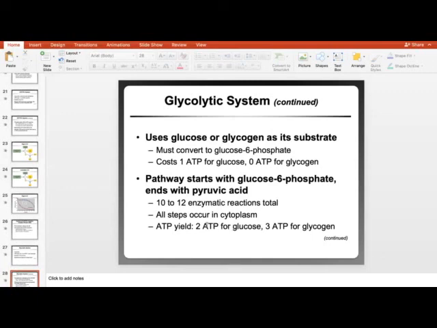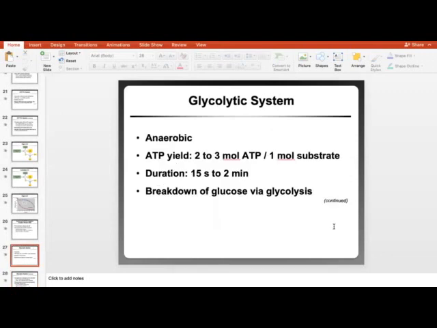All right, so before it was 1 ATP for every molecule of creatine phosphate. Now you have 2 ATPs for glucose. And because I don't have this ATP cost for the breakdown of glycogen, it's 3 molecules of ATP if I'm breaking down glycogen. So you can see here that this is where the 2 to 3 moles of ATP come from. If I'm using glycogen, it's 3; if I'm using glucose, it's 2.